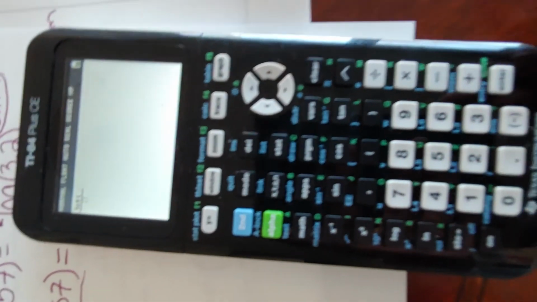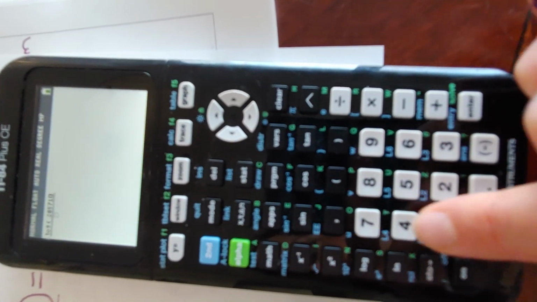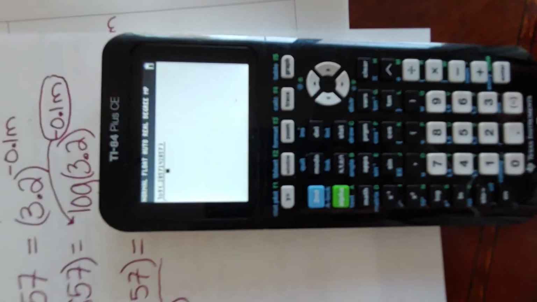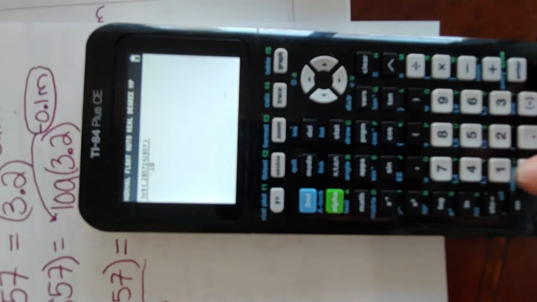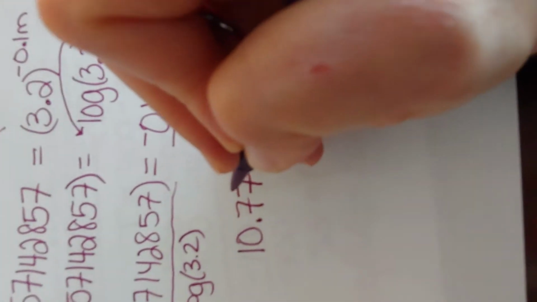I'm going to write log of 0.2857142857, close the parenthesis, over negative 0.1 log 3.2. So I get m to be 10.7704.